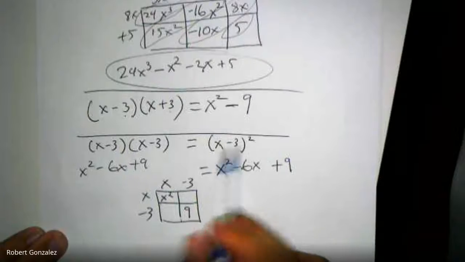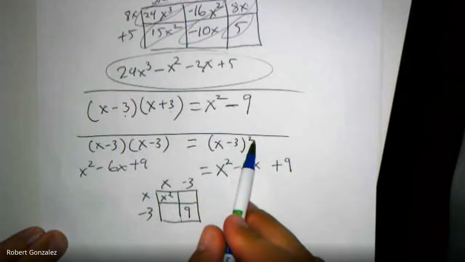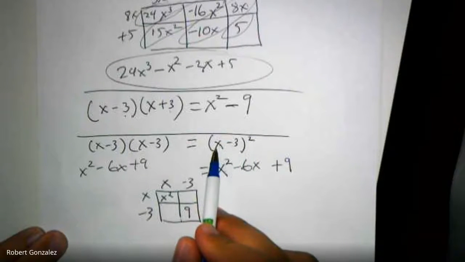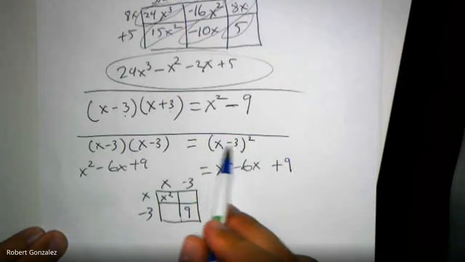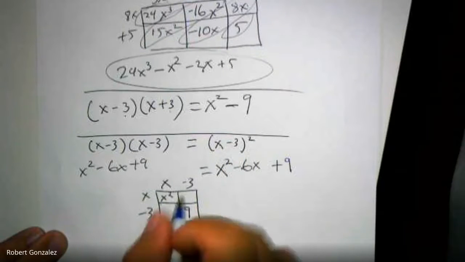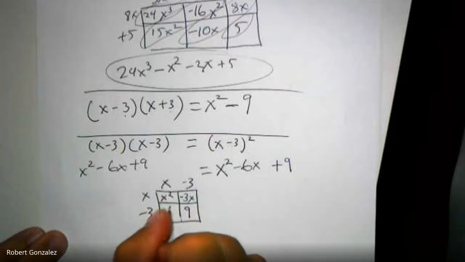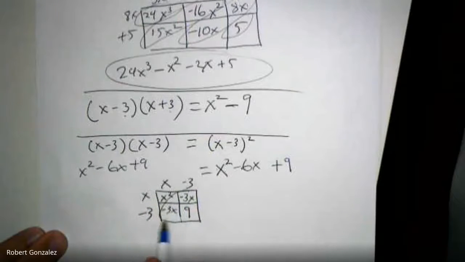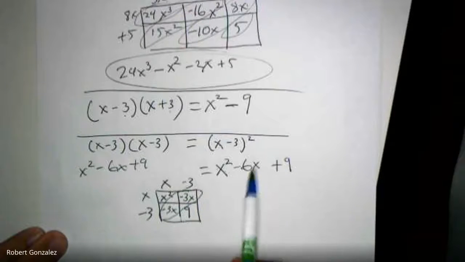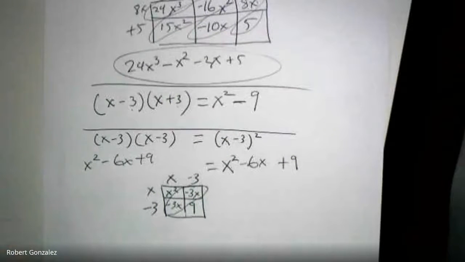Now, multiply everything you see means doubling this times this. Well, negative 3 times this is negative 3x, and x times negative 3 is negative 3x. You can see where the doubling comes from. It's right there. That's why we get negative 6x.